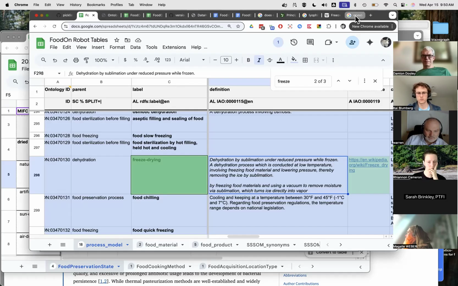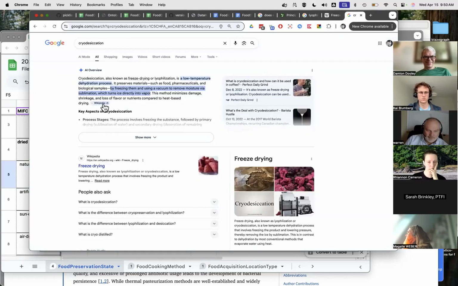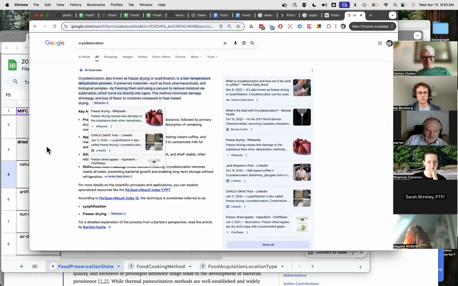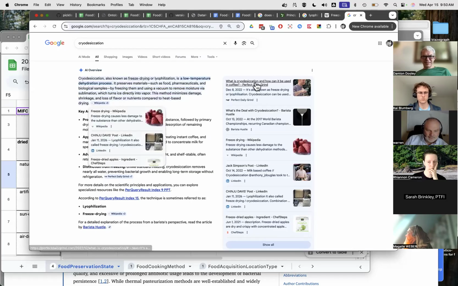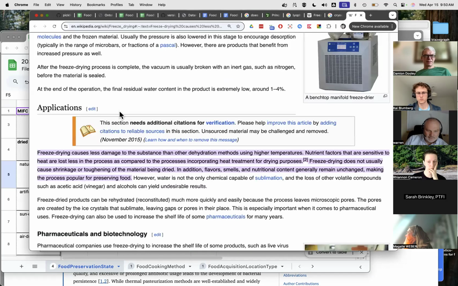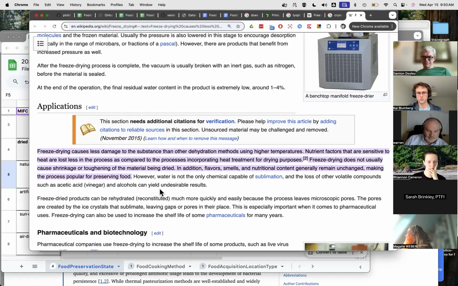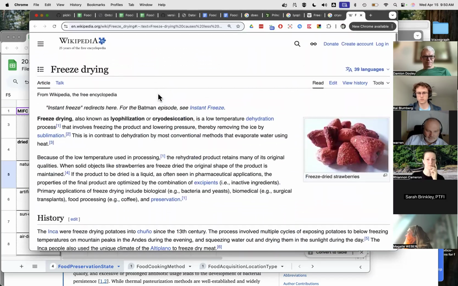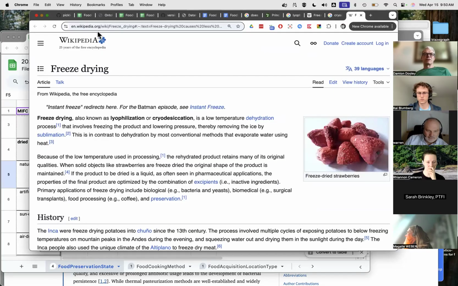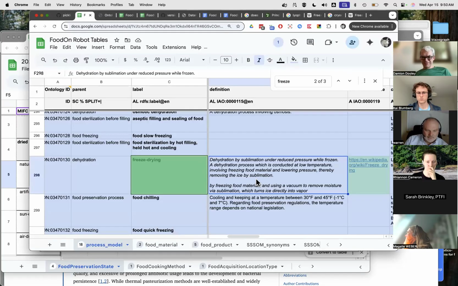But where did I just grab that definition from? Oh, Wikipedia. So it's a recrafting of Wikipedia content, so I won't be accused of plagiarism.